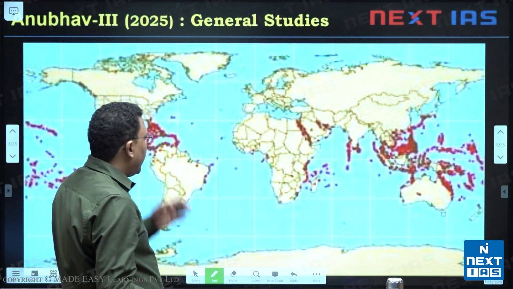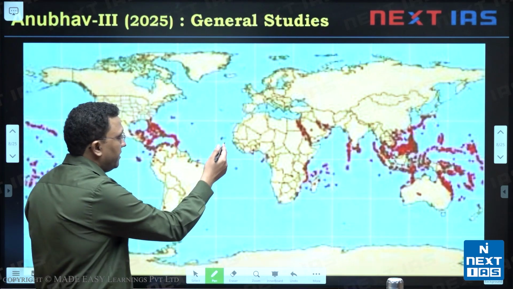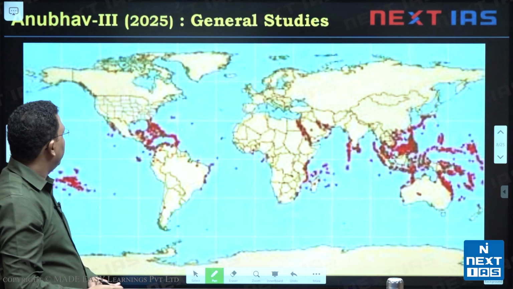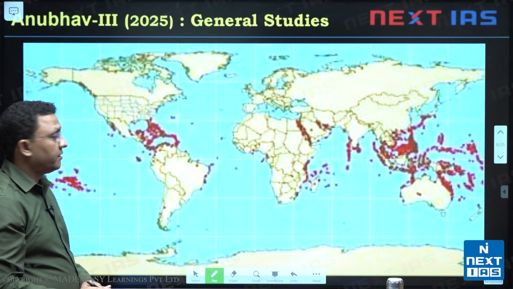So what happens is that on the western side, if you see the western coast of continents, there is presence of cold ocean currents, right?